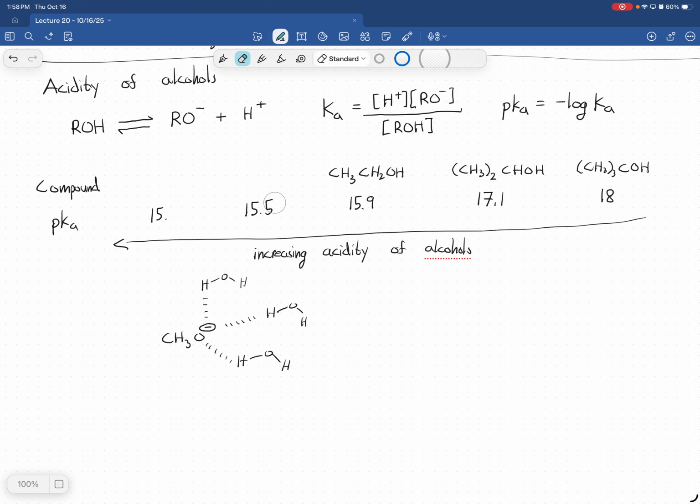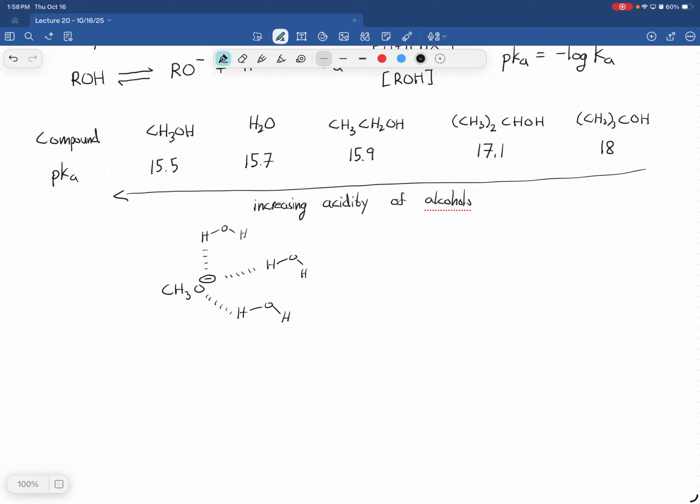So let's just erase this number and this number. But they're so close together that they're really not that different. I just put it in that order so you can see the classification of the alcohols. But a good point. Thanks for bringing that up.